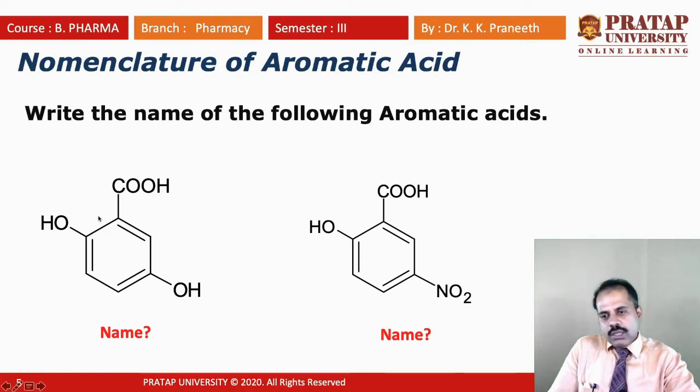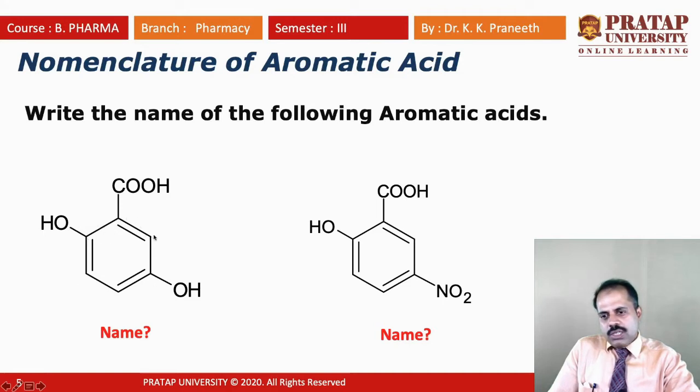Now you find the number of substitutions. How many substitutions are there? 2 substitutions are there. 2 hydroxy groups are there. So can you number 1, 2, 3? Is that correct? No. Because in the second position the substitution is coming. So this is the right way to count, anti-clockwise: 1, 2.